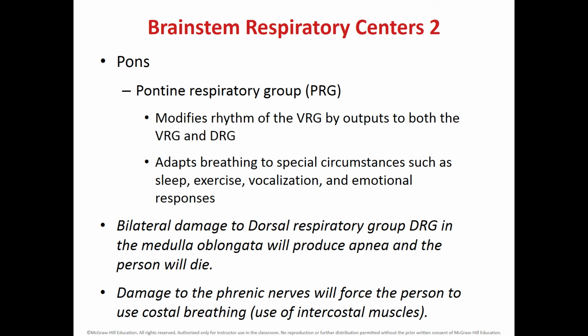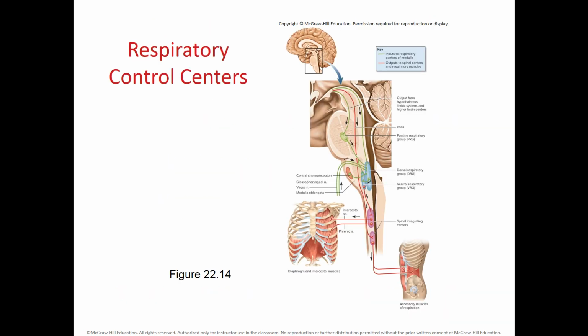You can damage C3, C4, and C5. And when you have damage to your phrenic nerves, your diaphragm will not work, but you still have your intercostal muscles. So your intercostal muscles will work, and you have something that is called costal breathing. So damage to your phrenic nerves will force the person to use costal breathing. So that's the other key point.